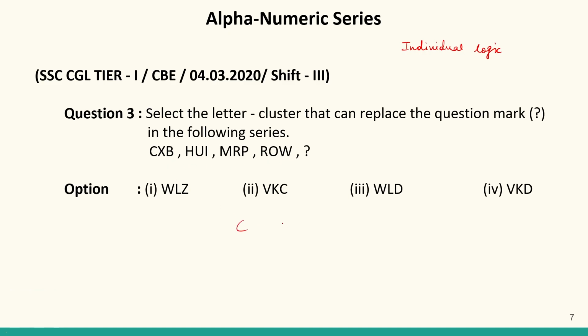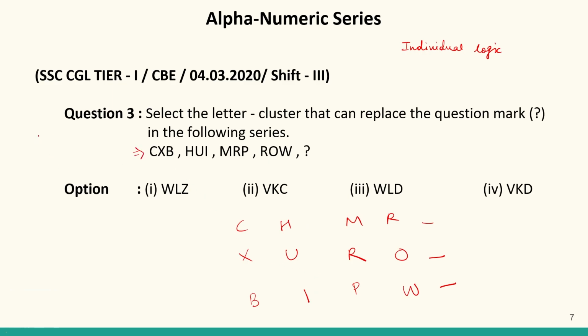So one series is C, H, M, R, and then we have to find out. Then one series is X, U, R, O, then we have to find out. And the next series is B, I, P, W, and then we have to find out. So basically these are 3 different series which is combined into one.